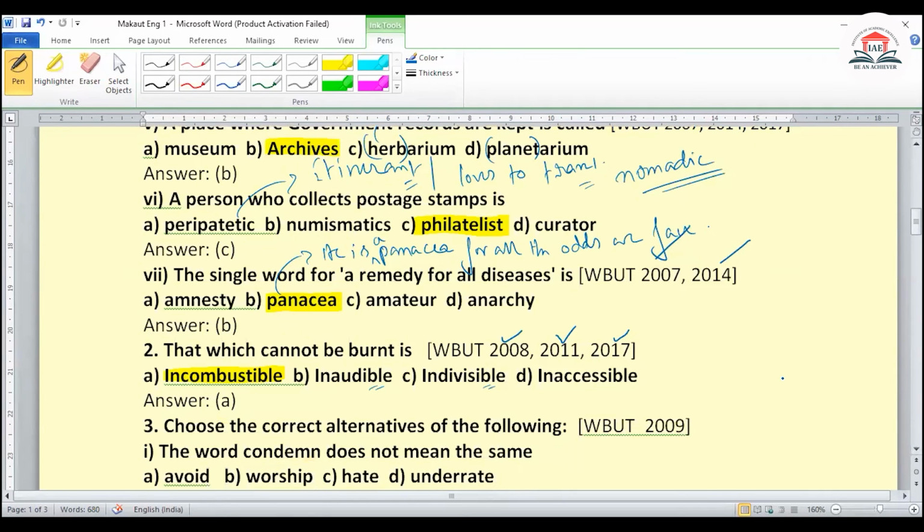Right. Choose the correct alternative, the following one. The word condemn does not mean the same as what? The word condemn. What do you mean by the word condemn? Condemn is a verb, right? We strongly condemn what he has said in the meeting.